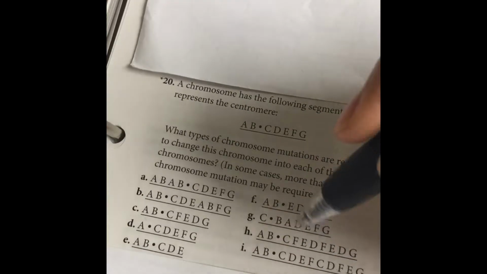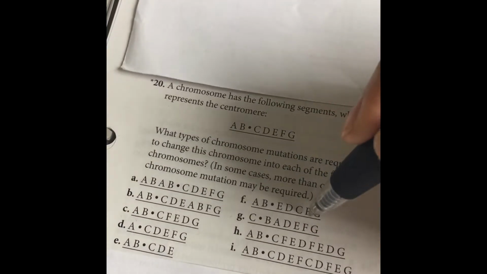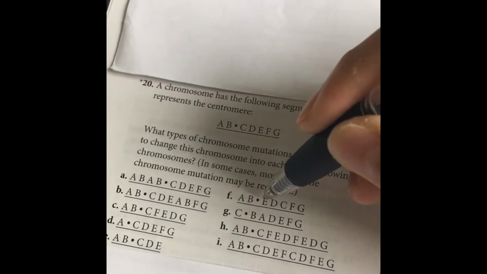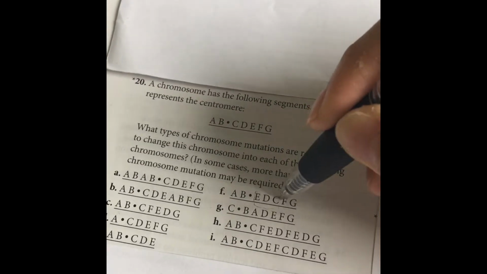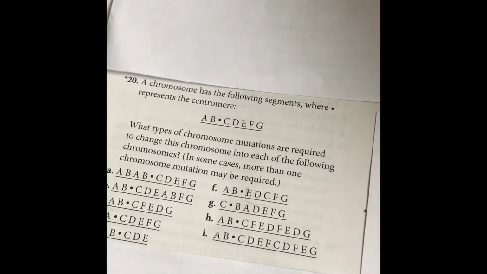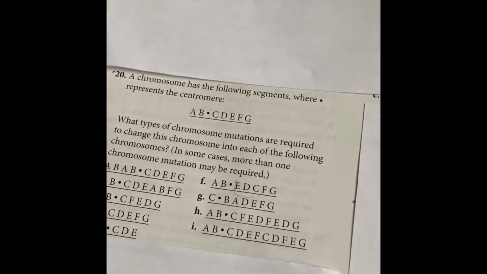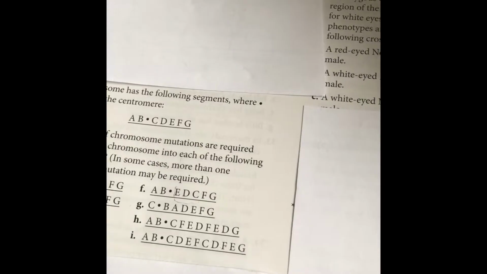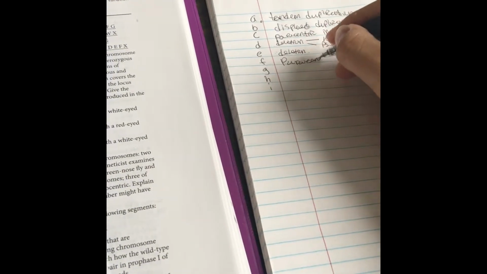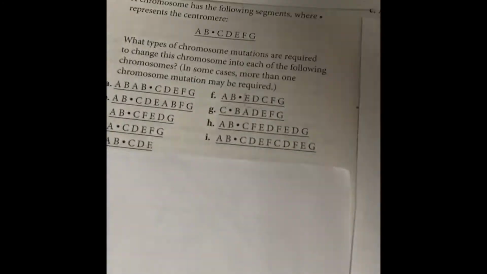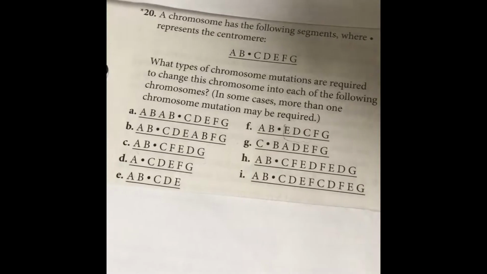Again, I got a little bit confused because maybe I thought of this as being part of the centromere, but really, it's just these three nucleotides that are being inverted, which does not include the centromere. So if it doesn't include the centromere, it is paracentric inversion. Okay. Now on to G.